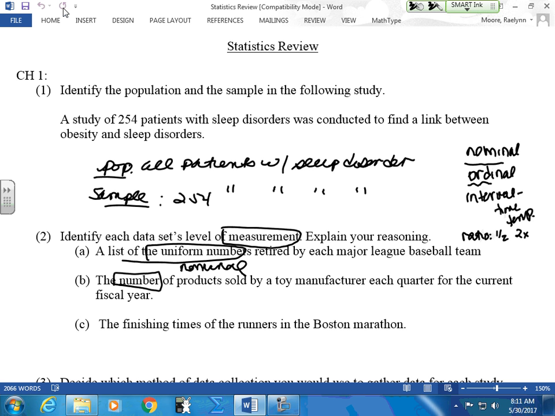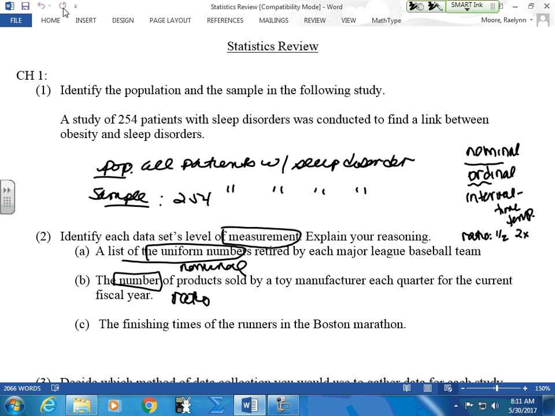So let's see, if they sell 10 products this quarter, 30 products next quarter. What level? Ratio. Oh, I thought you said 3. I thought you were raising. That's what I said. I thought you said 3, the third one. Sorry about that. Ratio, absolutely ratio.